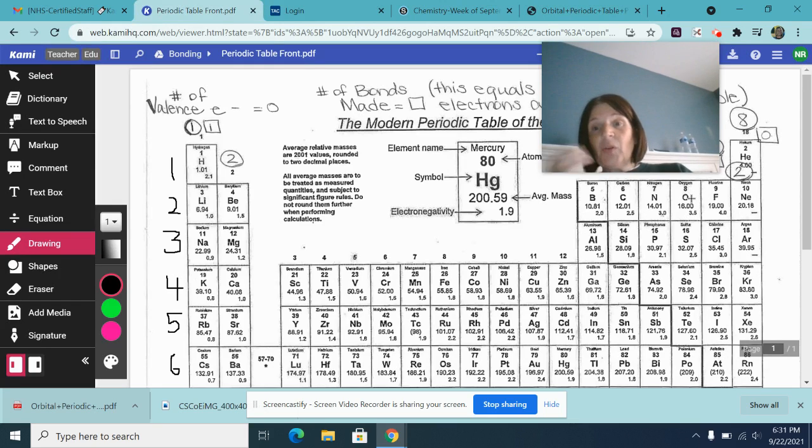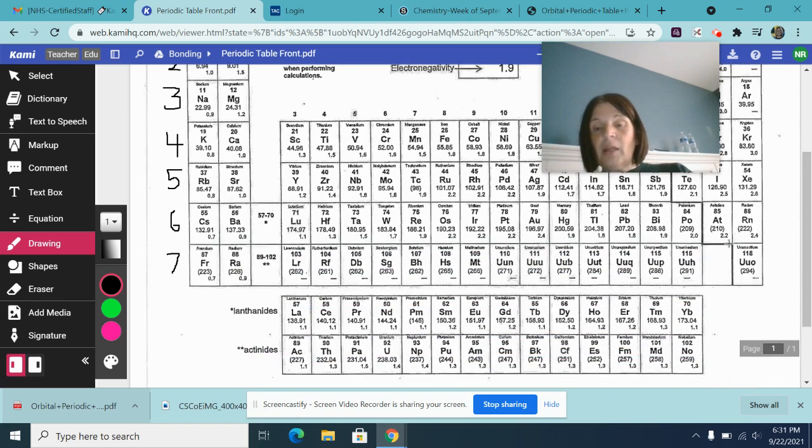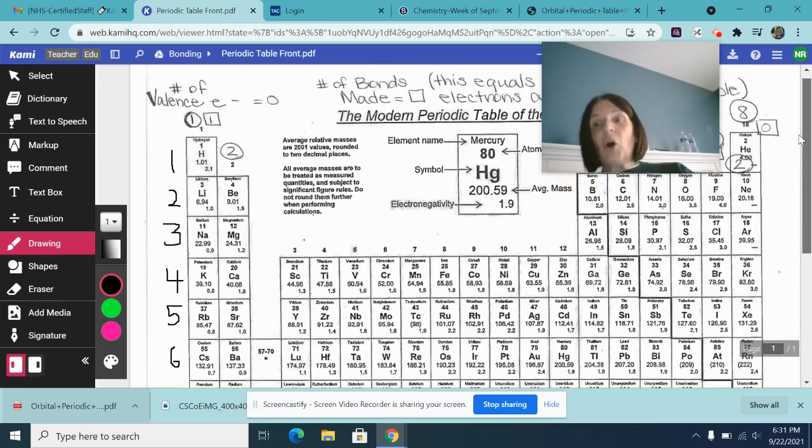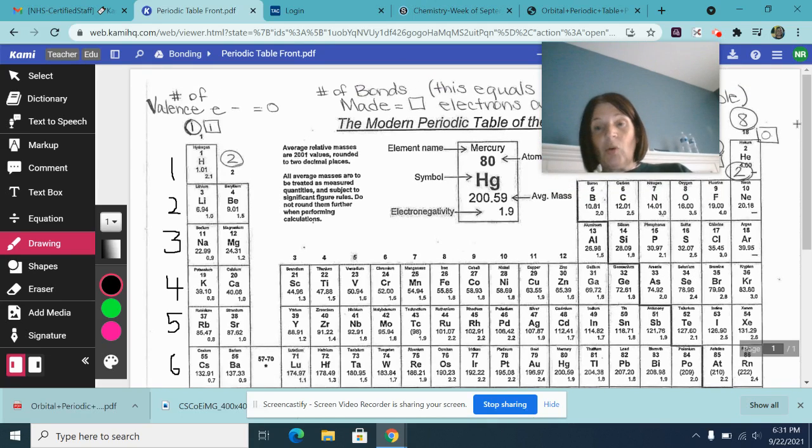And then the rare earth metals, which are down below, are in the f sublevel or the f orbital, but we are not worrying about that unless you want to do some extended learning or enrichment learning on that particular sublevel or orbital.